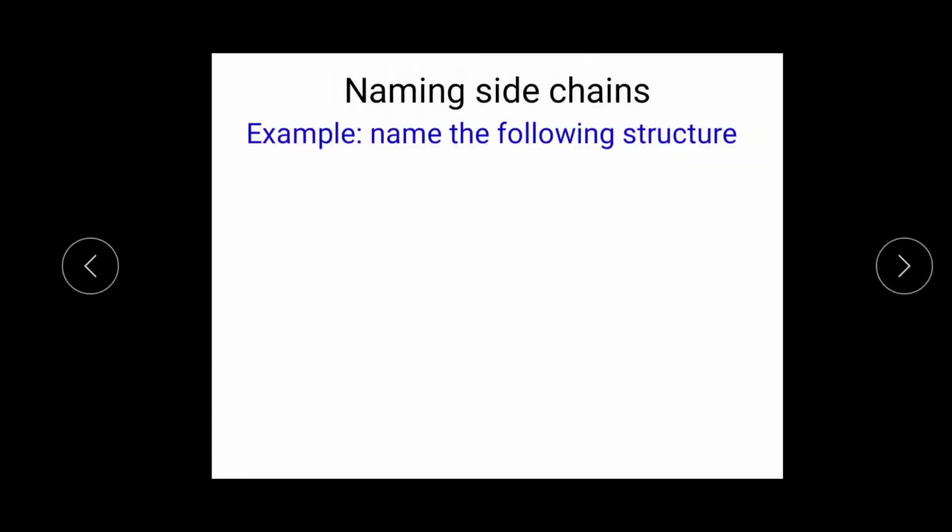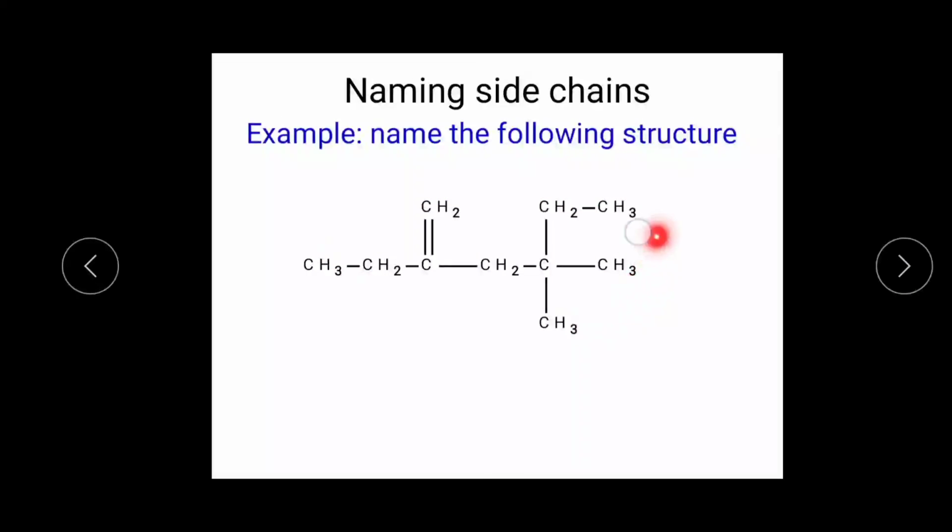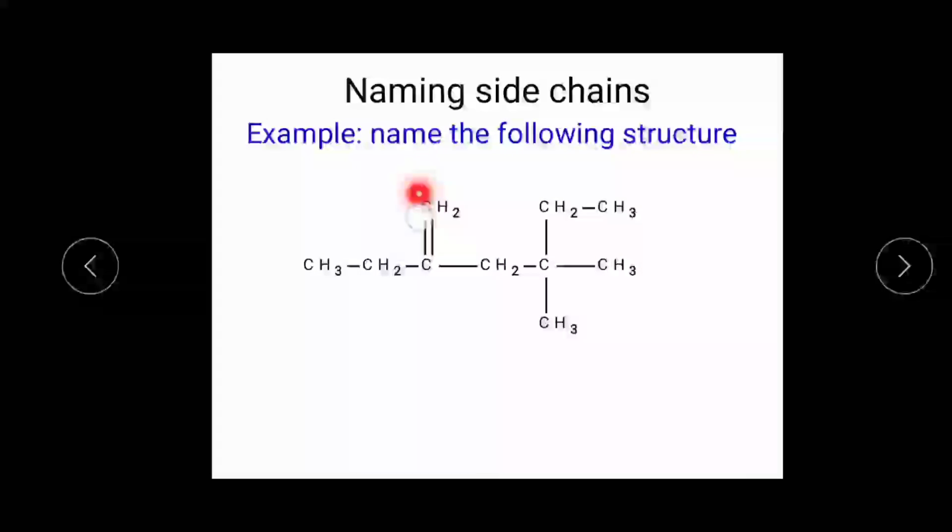Naming side chains. So let us try to name the following structure. Okay? First, you have to take note of the longest possible chain. And we will begin the counting based on the bonds here. So we will begin the counting here.